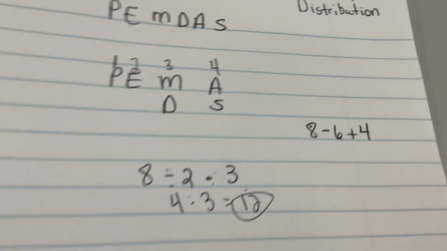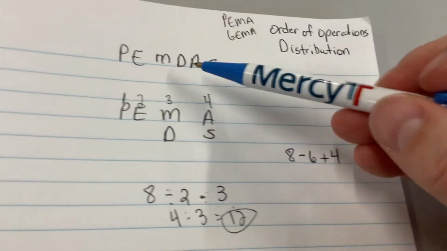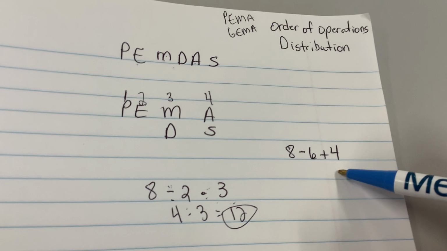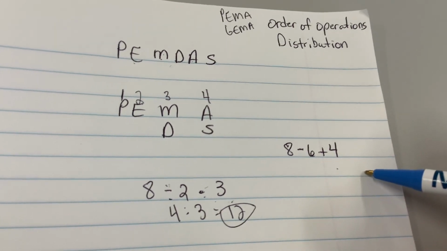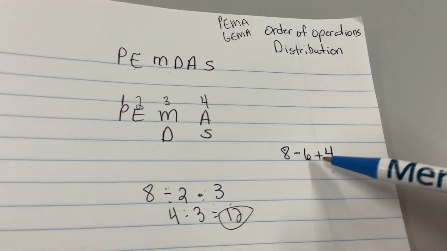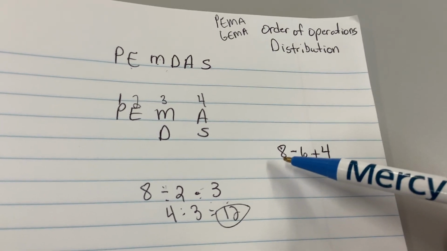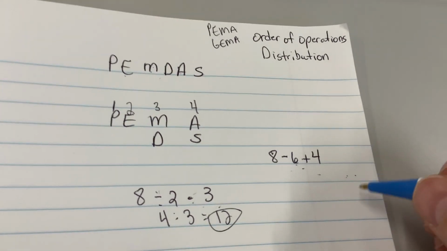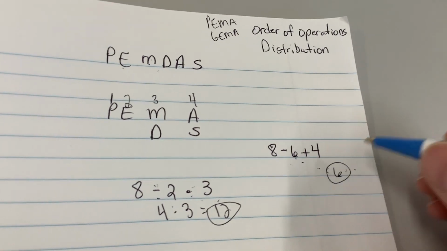Well, it does, because if I do it wrong and do the addition first, I get 8 minus 10, which we know is negative 2. But if you do it the way you're supposed to, meaning they're a tie and you just go left to right, 8 minus 6 is 2, and 2 plus 4 is 6. So that's way different than negative 2.